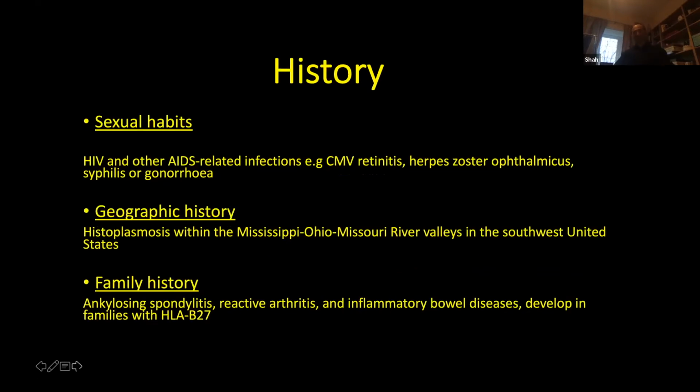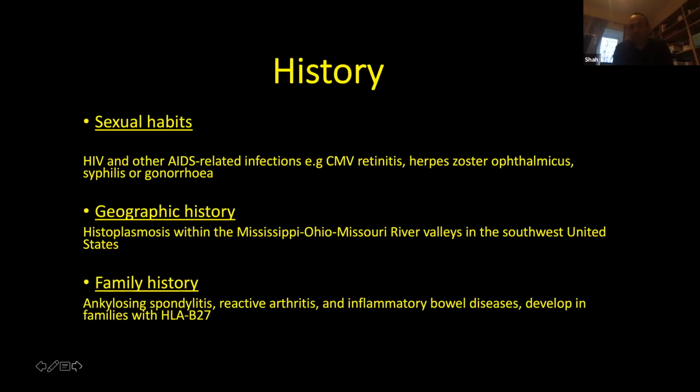It's always very important to ask about sexual history, and that can be quite a difficult conversation, especially if you're in clinic. You've got somebody young who happens to be there with their partner or a family member, and it is difficult, but you must try and establish that in a very sensitive and quiet manner, because sexually related disorders can of course predispose you to inflammatory conditions.